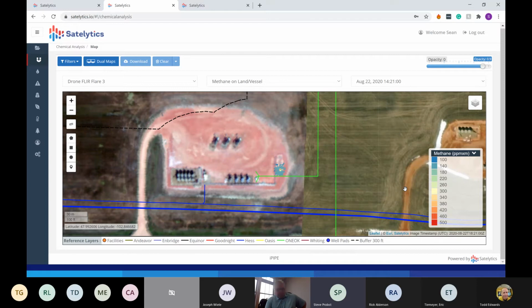Has anyone asked for that kind of data or reports? What are the specific operational functionalities that people are asking for with regard to methane?